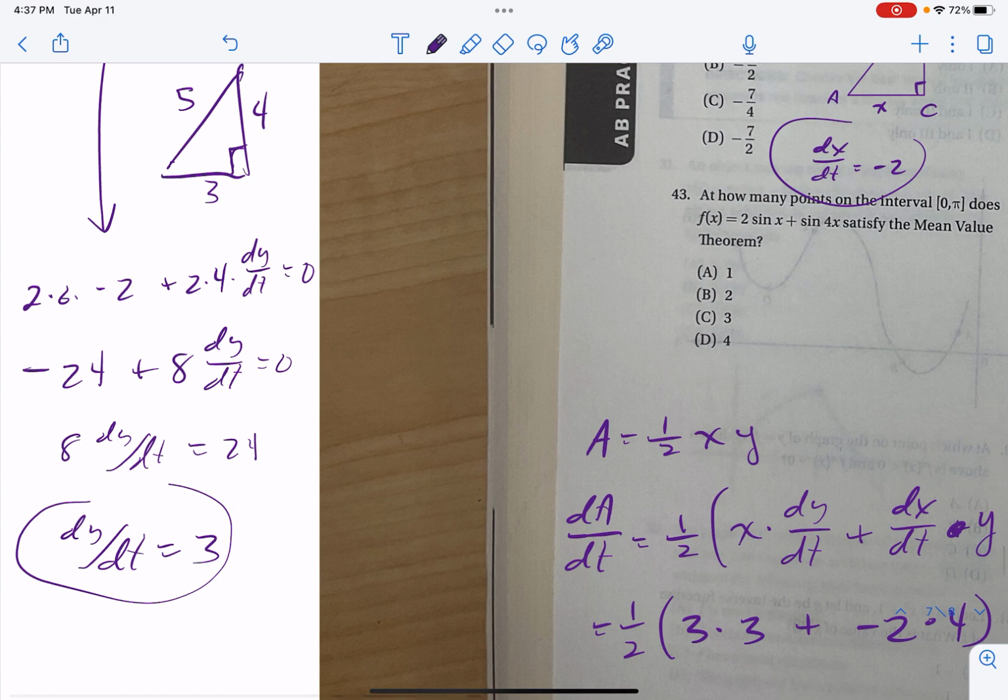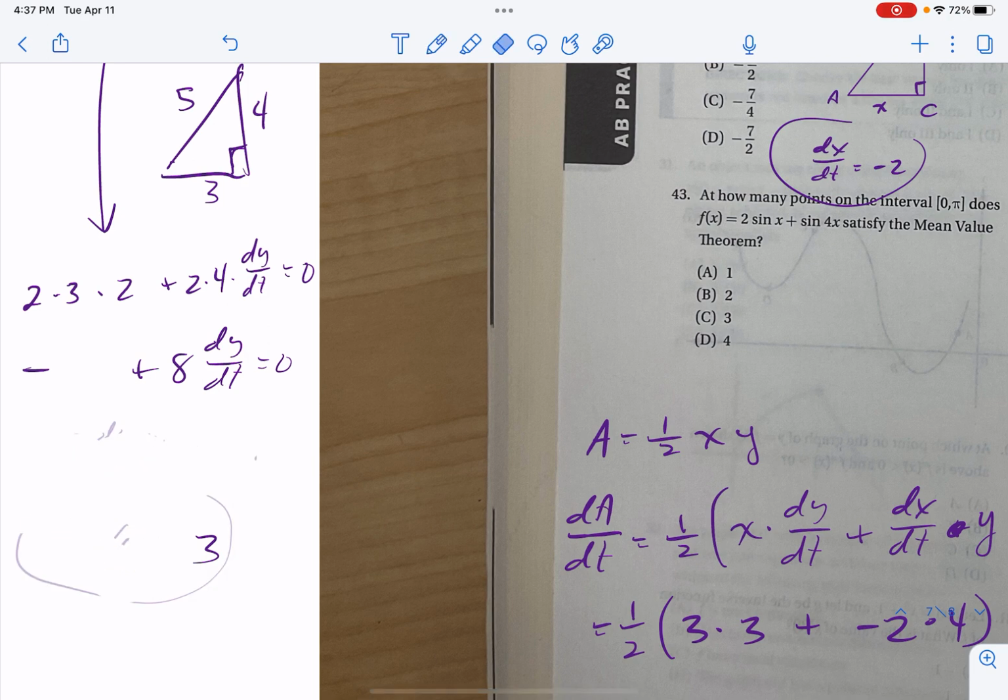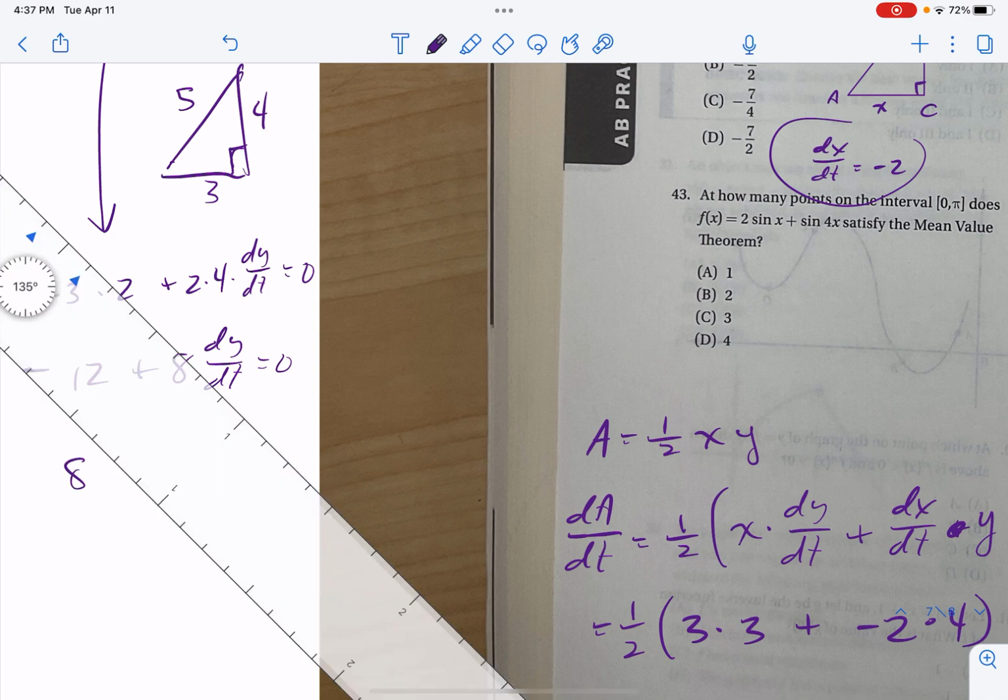So where did that 6 come from? It's 2 times 3 times 2, and I was just thinking that 2 times 3 is 6. So let's see if I can fix things. If you're going to get something wrong, hopefully you get it wrong in a way where your answer isn't listed. So this is negative 12. So 8 times dy/dt equals 12. dy/dt is 12 over 8, which is 3/2.